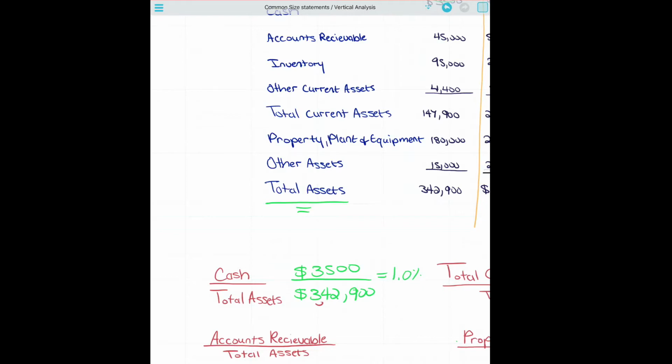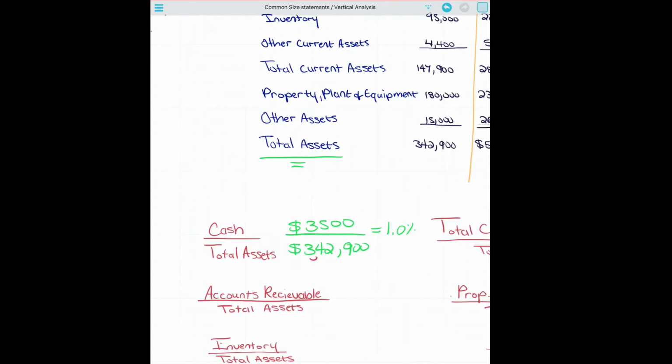Accounts receivable divided by total assets is 45,000 divided by 342, sorry, that's a 2, 1,900 equals 13.1%.